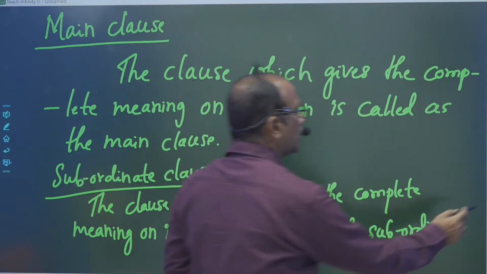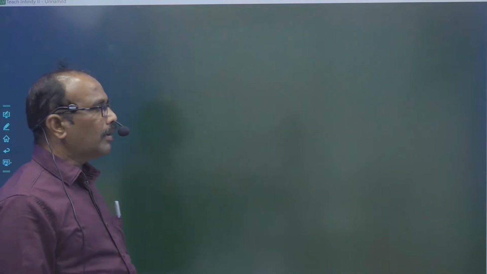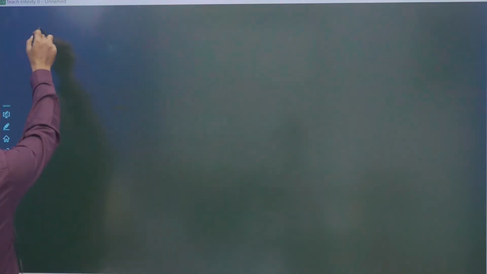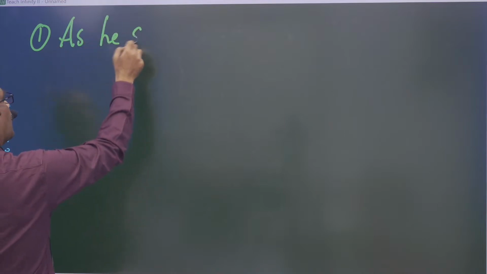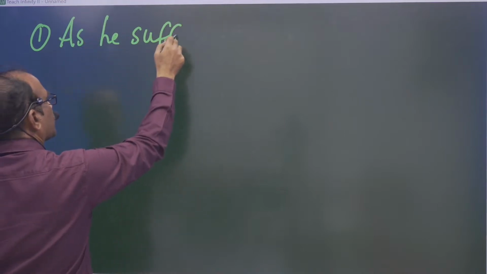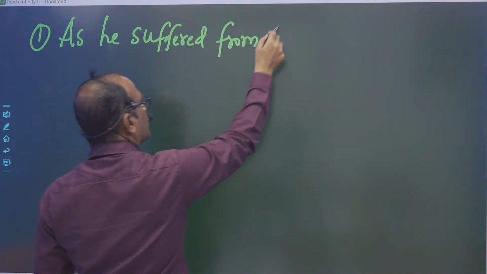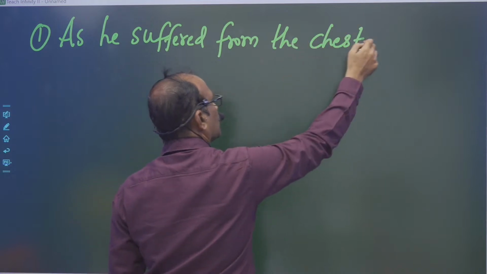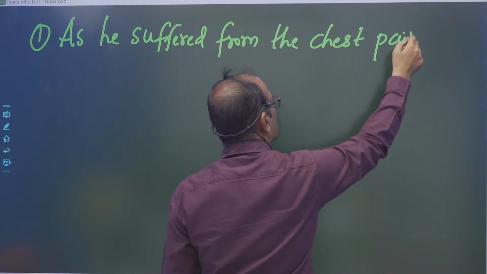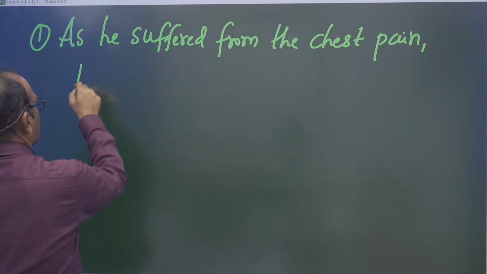And how can you understand whether the clause is a main clause or a dependent clause? Look at this example. As he suffered from the chest pain, he went to the hospital.